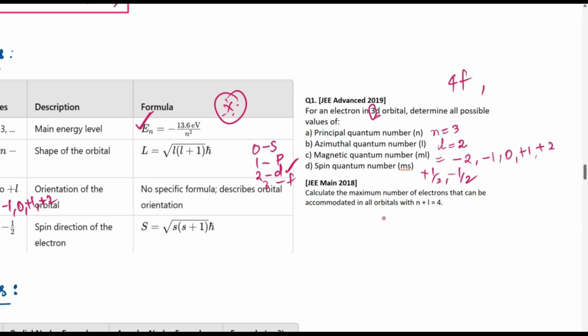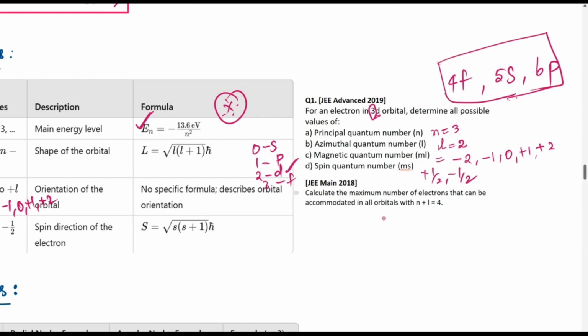Otherwise, they will give you the atom name and ask you to find the principal and following quantum numbers, say of the second shell, by giving you the atom name. 4f you can try out, with 5s, and you can try it out with 6p. Okay, these questions can be asked.